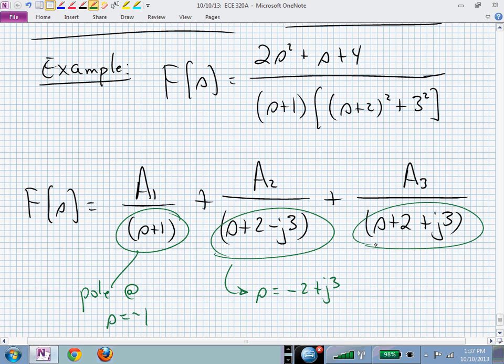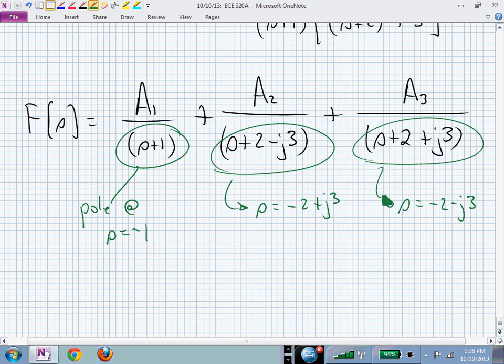What about this one? What value does s need to take on for that factor to go to 0? Minus 2 minus j3. So that's the twin of that middle factor, isn't it? It's its conjugate. They're across the horizontal line from each other, the same distance away from the horizontal axis. What if I now want to solve for A sub 1?